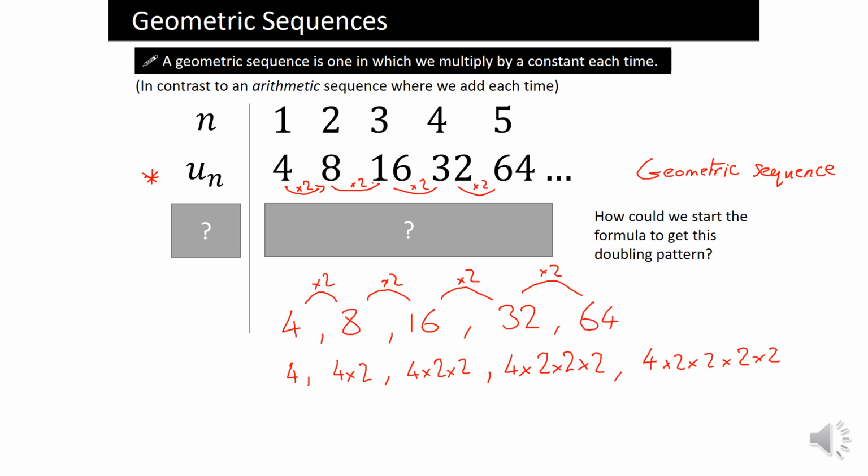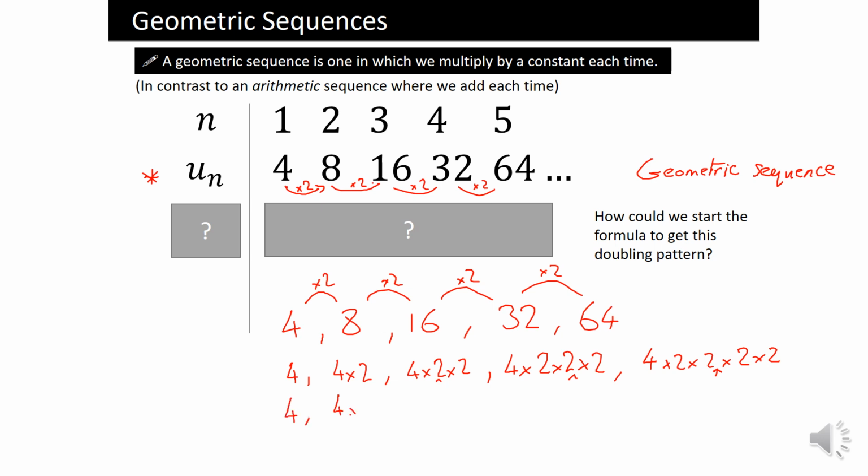So this looks a bit weird, but we'll see why we're doing this now. Where we've got 2 times 2, 2 times 2 times 2, 2 times 2 times 2 times 2, we're going to write that in a slightly different way. We're going to write it with powers.